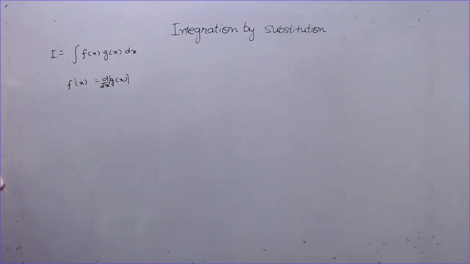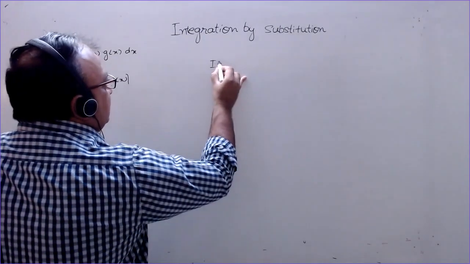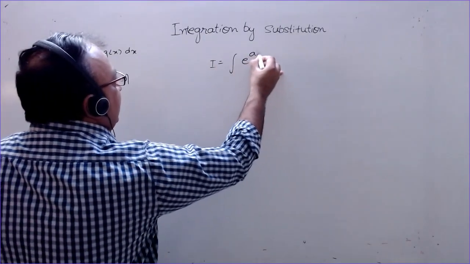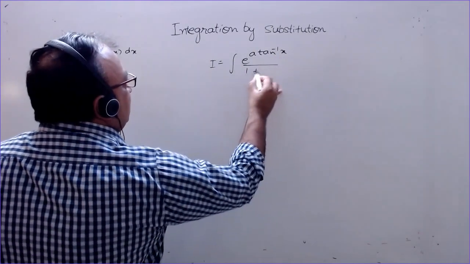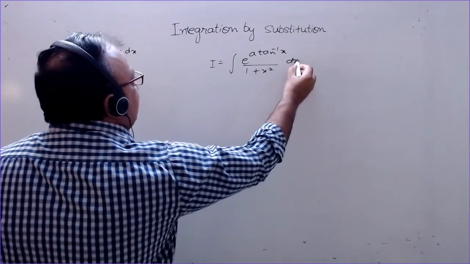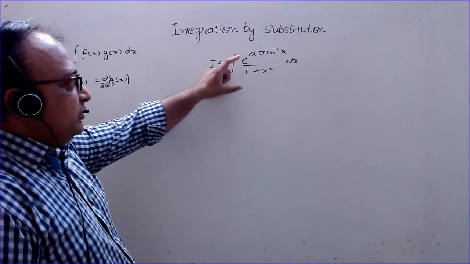Now let us take an example. The question is integration of e to the power a tan inverse x over 1 plus x square dx. You can see that it is having two functions, a product of two functions.